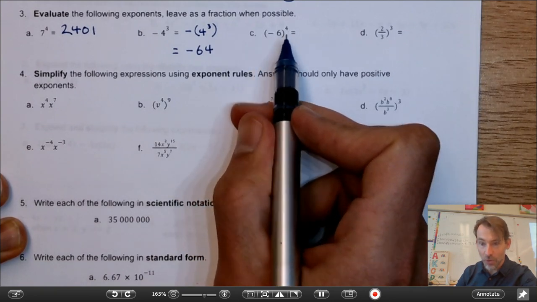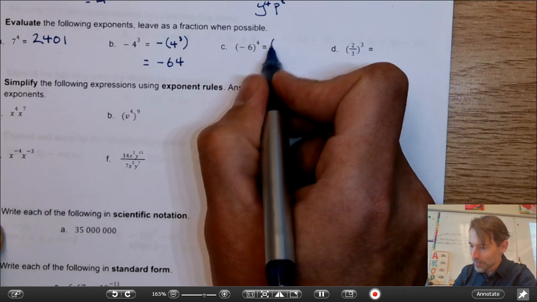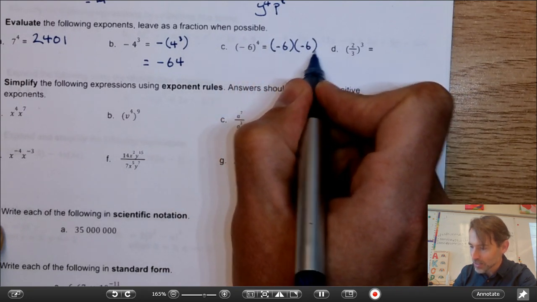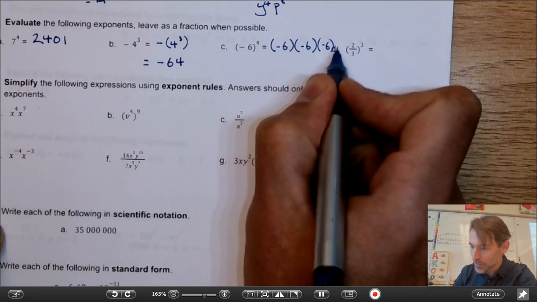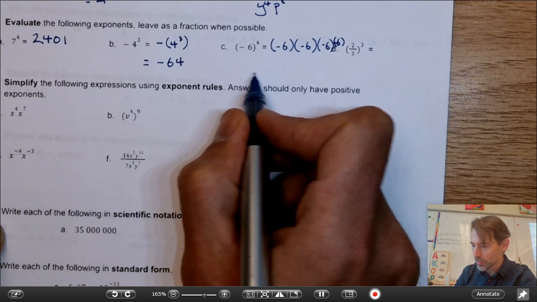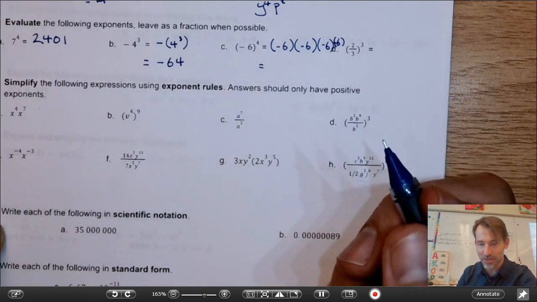Negative 6 to the 4, on the other hand, this time, if I did write that out, it'd be negative 6 times negative 6 times negative 6 times another negative 6. That's 4 negatives multiplying. 4 negatives multiplying absolutely give you a positive number.